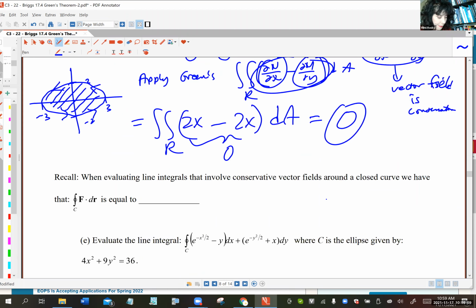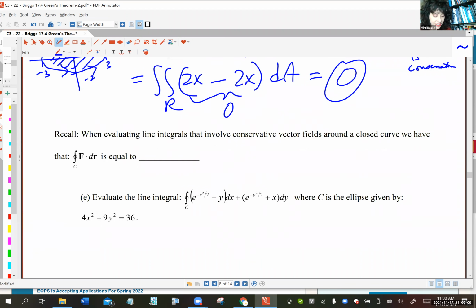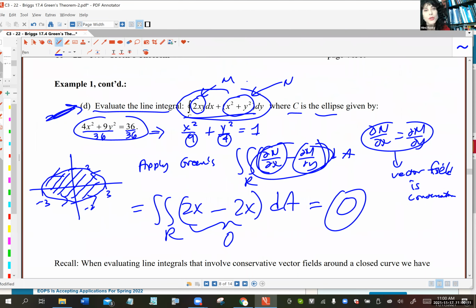We're going to get to the one with the ellipse here in a moment, but it's similar. The moral of the story to this last problem, which I mentioned at the beginning of today's lecture, is if you're applying Green's theorem to a conservative vector field, you're wasting time because the equivalent conditions theorem we did last time says if you have a conservative vector field and a closed curve, the line integral is equal to 0.